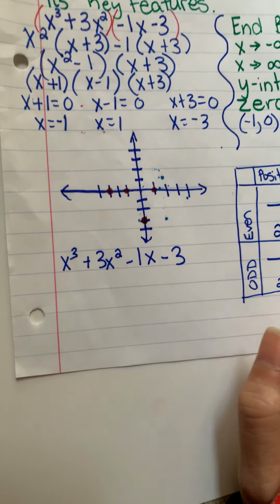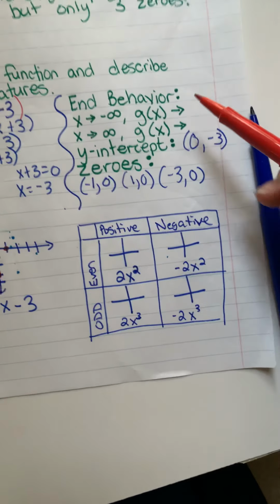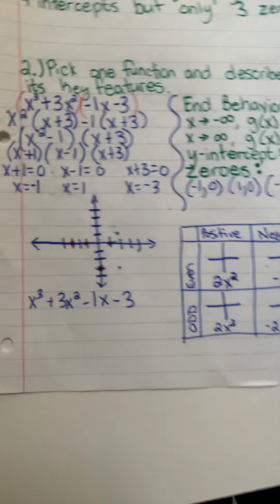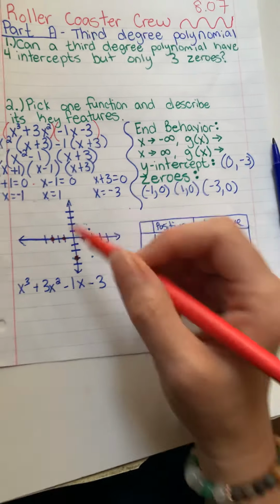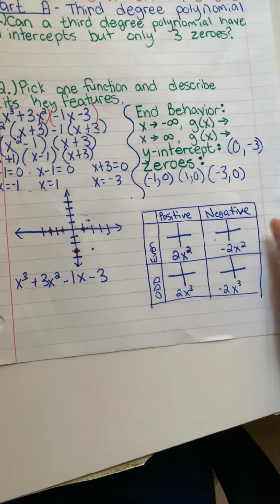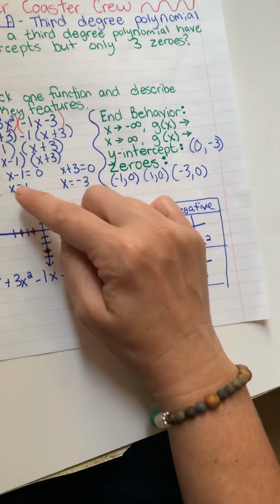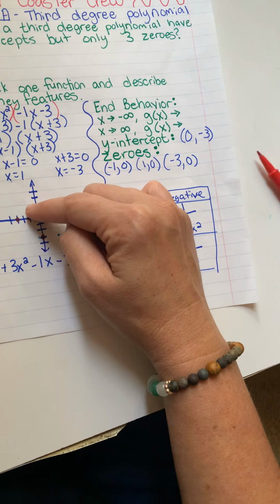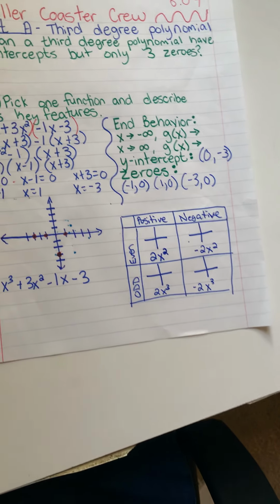Now, I still haven't seen what the end behavior looks like exactly. I've got a whole bunch of craziness going on here. It's hitting all kinds of places on the graph. Is it going to come here and then do some squiggles down here?